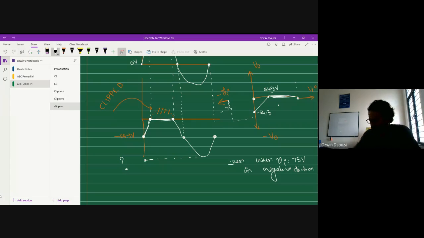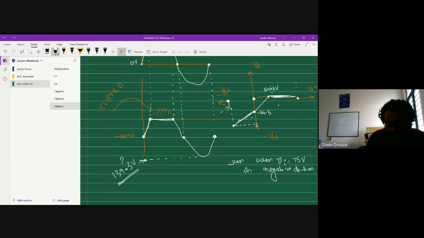It is minus 64.3 minus 75, so that's 139.3 volts. So this peak will be at minus 139.3 volts. When your input reaches 75 volts in the negative direction, your output will be equal to minus 139.3 volts.